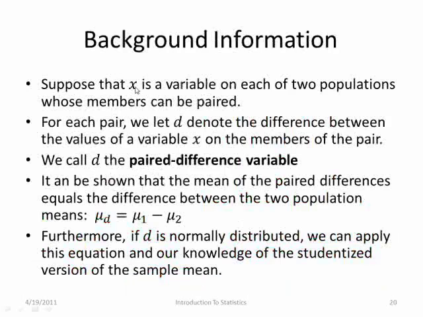All right, so suppose that X is a variable on each of the two populations whose members can be paired. Basically, the idea is that you have a dependency, so the dependency depends on if the subject is in both populations, if you will. The before and the after, pre, post, or whatever.